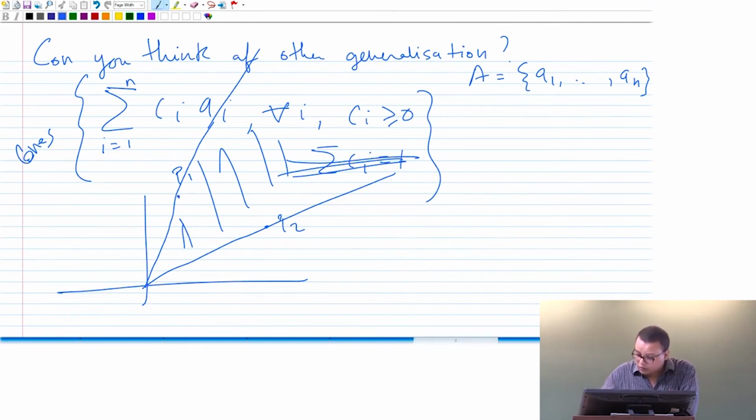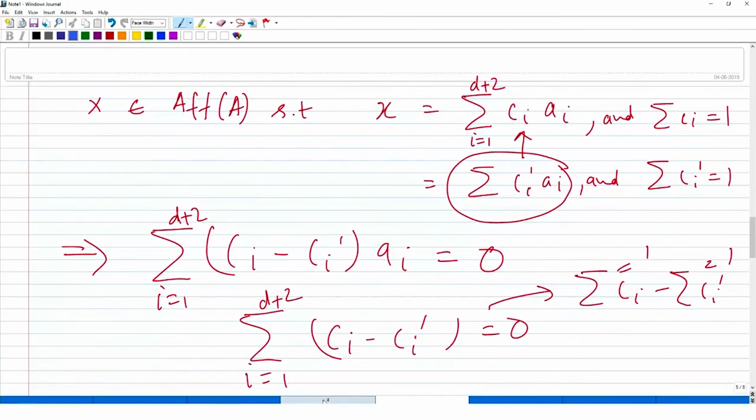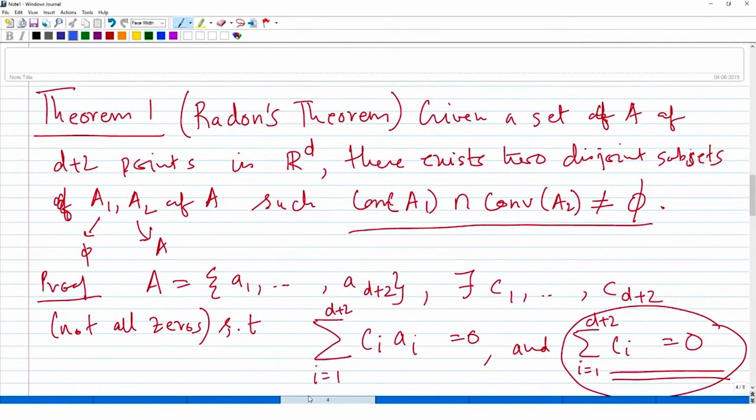Yes. So why is d plus 2 required? Let us say I make it d plus 1. What happens? Is there a problem if I take d plus 1? I took d plus 2. So, the question was that I have assumed the size of the set is d plus 2.